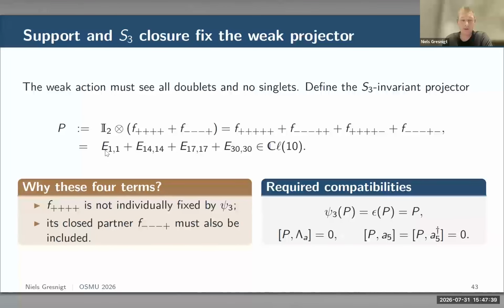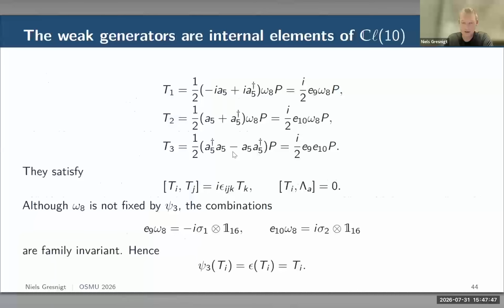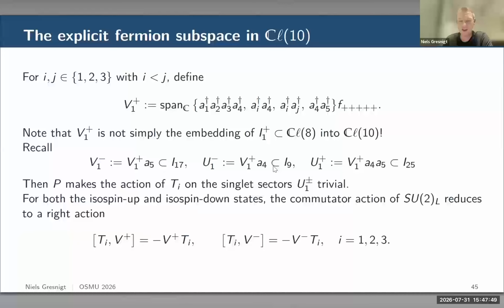It's going to select the first, the 14th, the 17th, and the 30th columns. Whereas the weak singlet sectors here, they live in the 9th and the 25th minimal ideals. And so they are blind to this SU2 symmetry. So the action is going to be trivial.